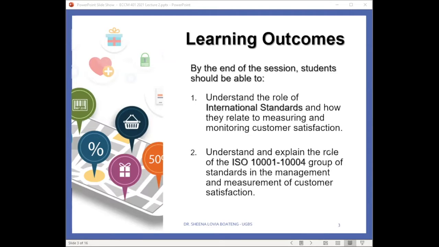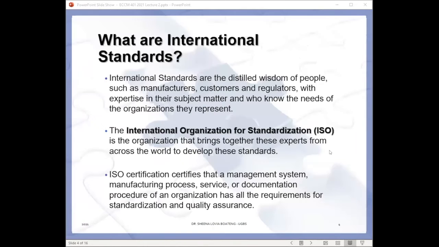Before we proceed, has anyone heard of ISO standards? Has anyone ever heard of them? You've never gone to buy something or seen an advert of a product or service and then they have ISO certified pasted somewhere?